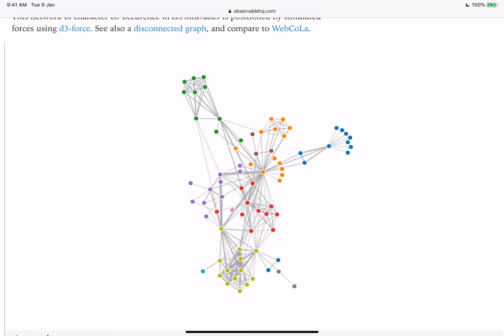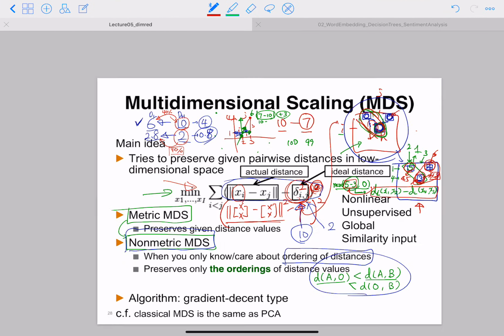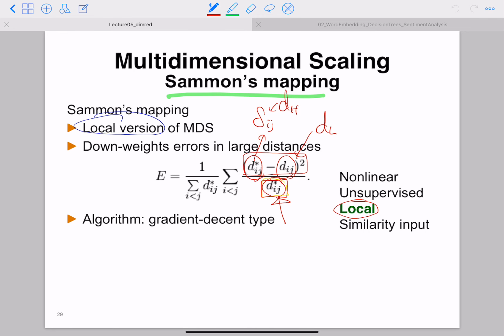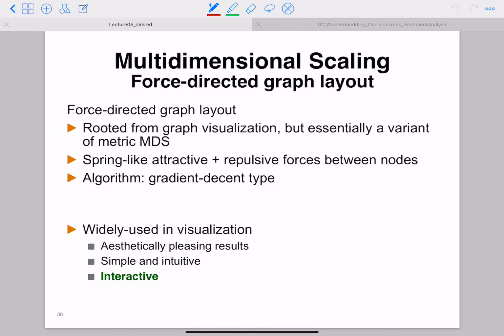So clearly that kind of visualization may not be ideal or desirable. In order to consider this aspect, we have an additional repulsive force, or its corresponding objective criterion, in our loss function as well. So it's almost the same as multidimensional scaling.